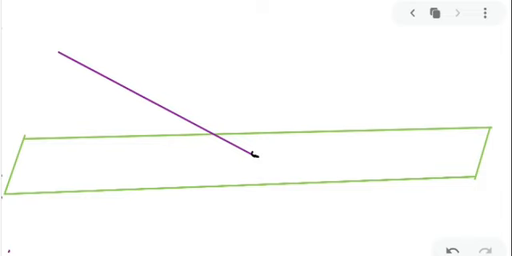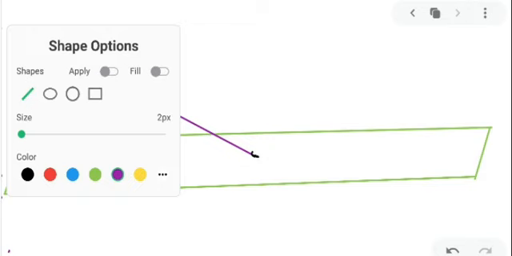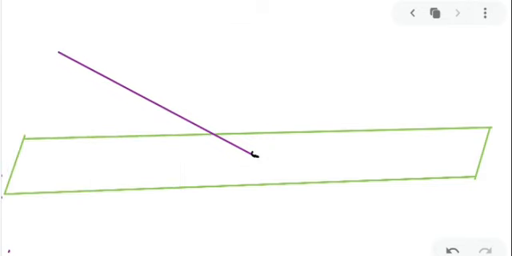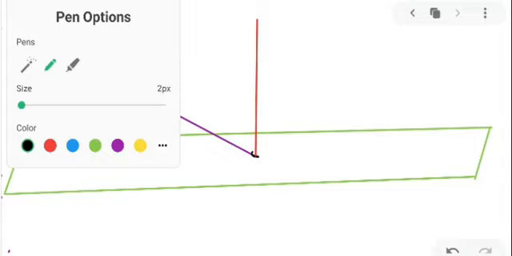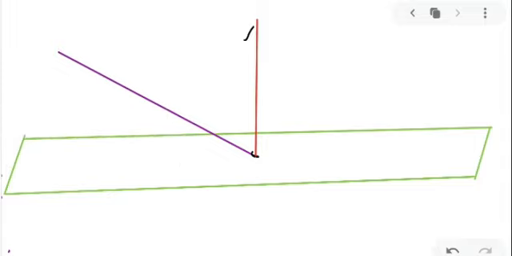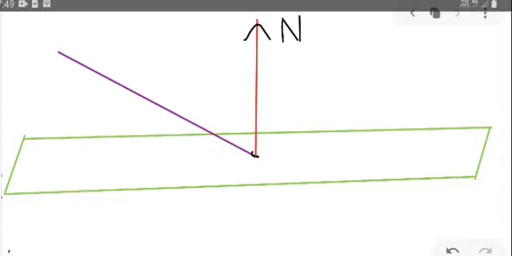And what will be the normal at the point of incidence? The normal will be an imaginary line which stands perpendicular to the plane. See, it is perpendicular to the plane.